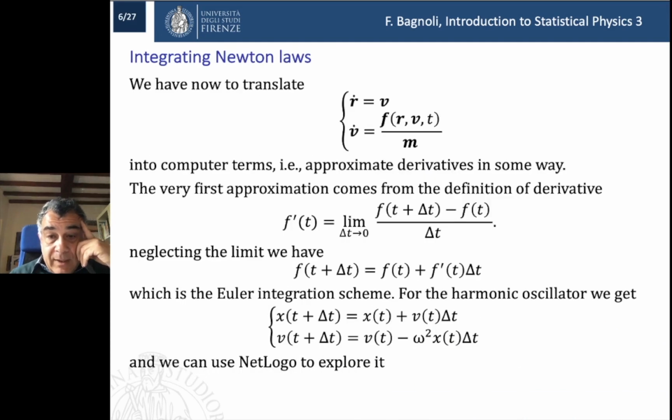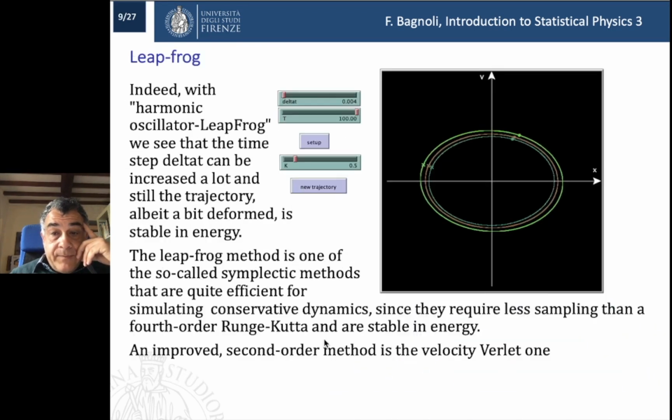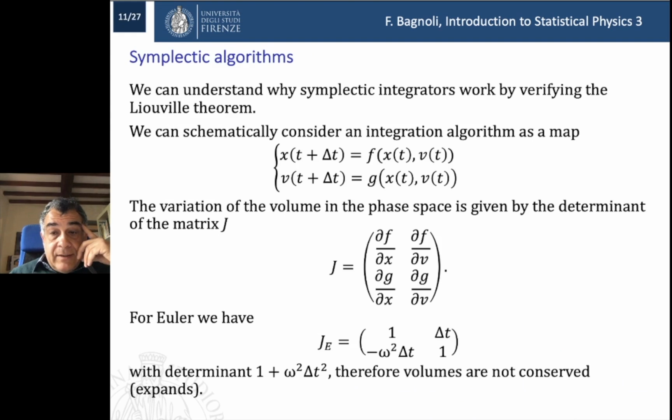So let's come back to the evolution of Euler, which is this one. If I compute the derivative of x with respect to x, it is 1, and the derivative of v with respect to v is 1, while the derivative of x with respect to v is delta t, and the derivative of v with respect to x is minus omega squared delta t. So essentially, this is the Jacobian.